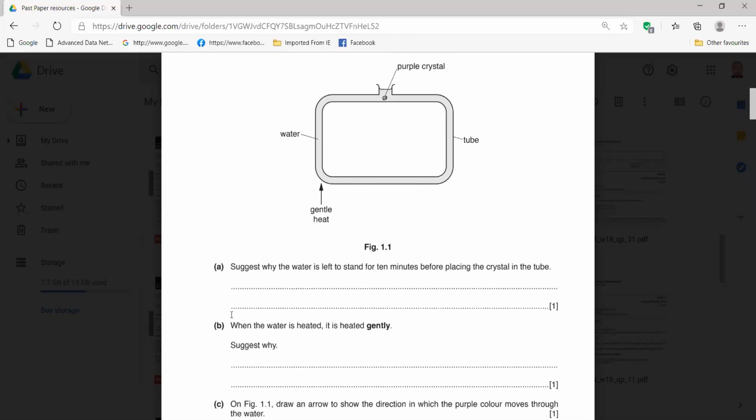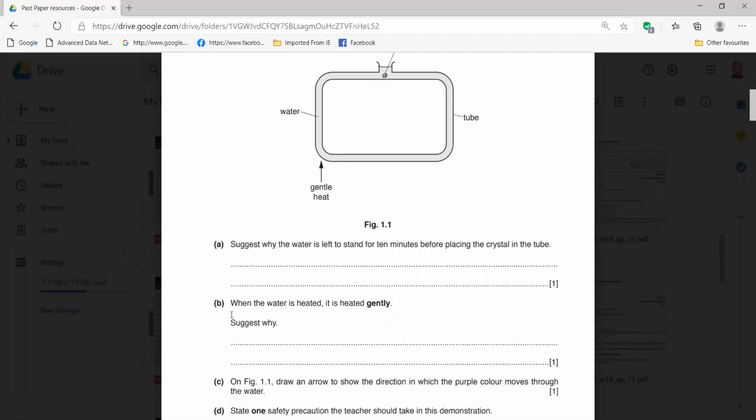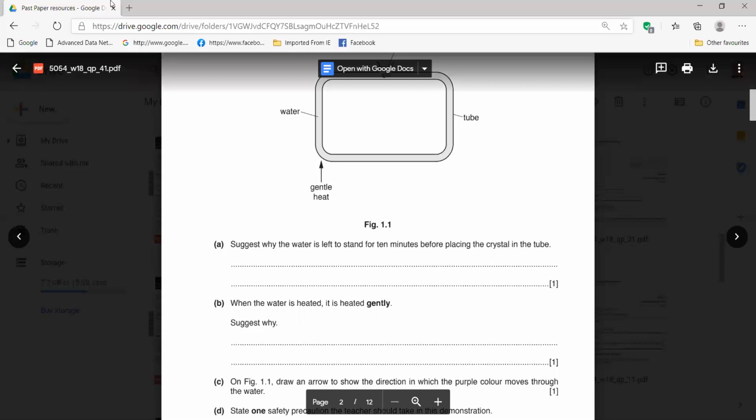Then any other idea? Any more ideas? Any other idea, please, from other two students?